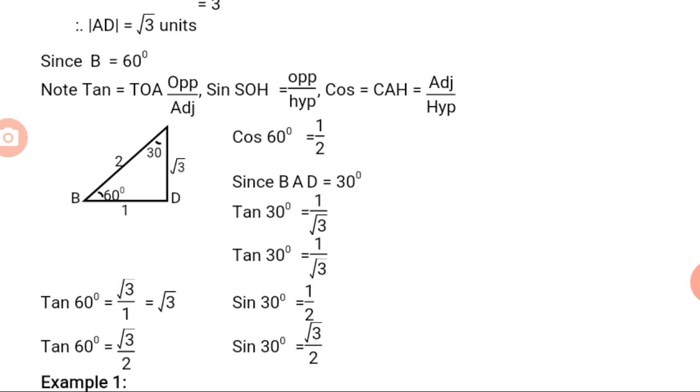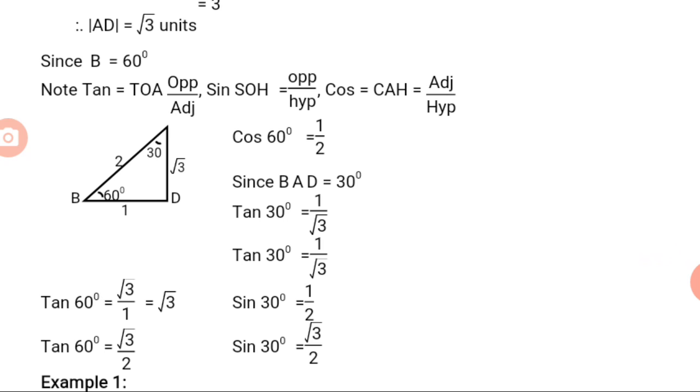Now, sine 30 degrees. Sine is opposite all over hypotenuse.